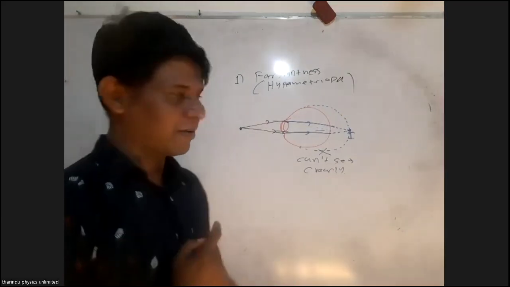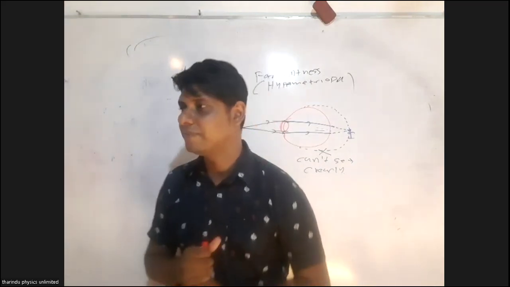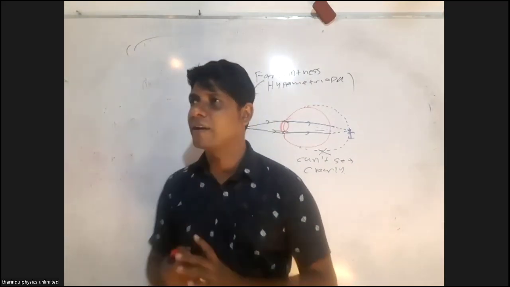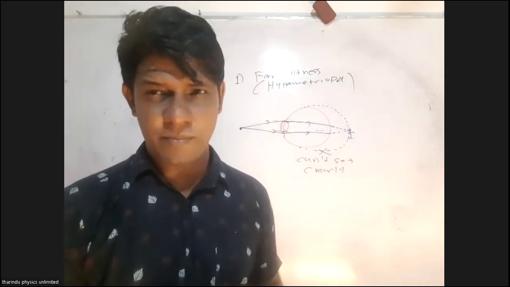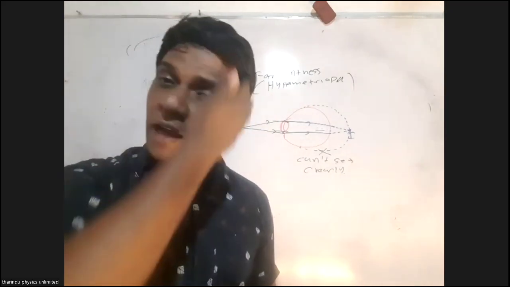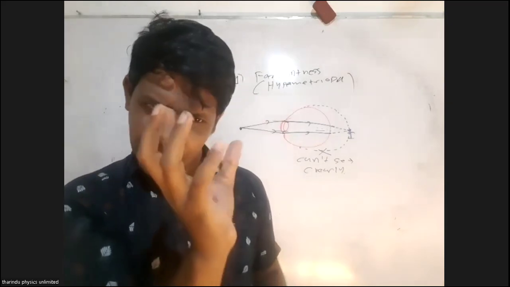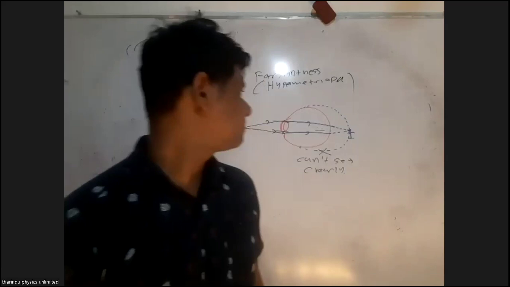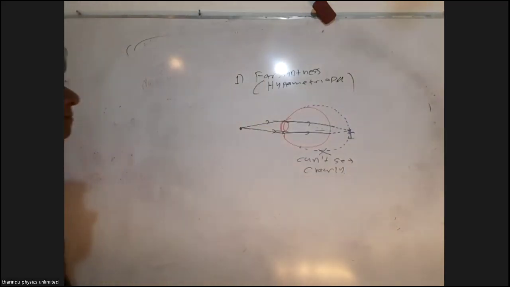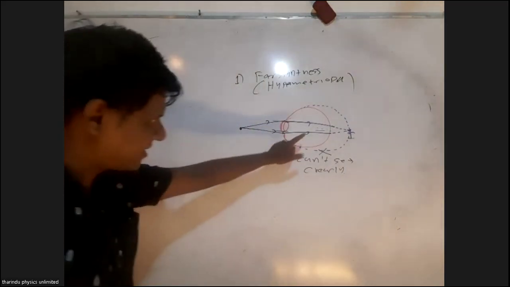That is the problem now, right? It can be a shorter eyeball. It can be a shorter eyeball. Draw this.